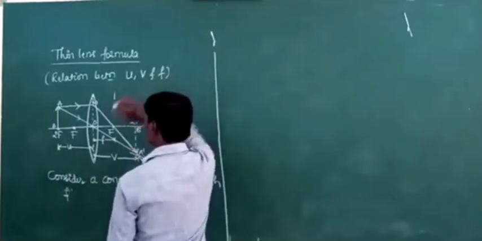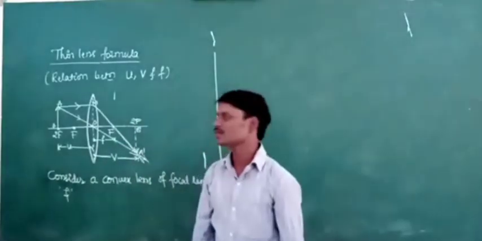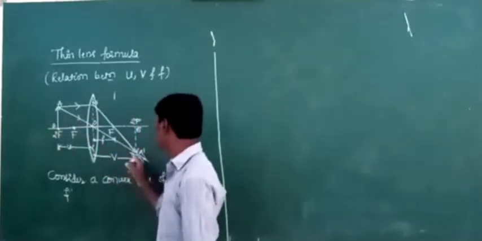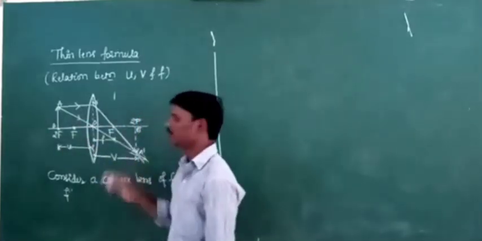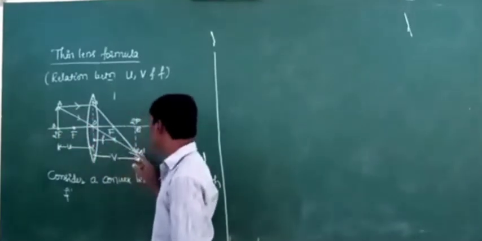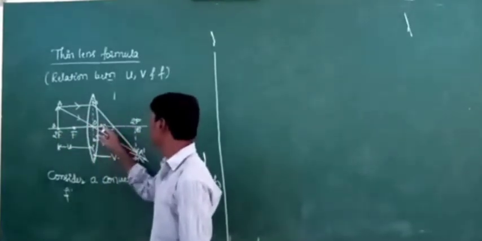Now we are going to consider similar triangles. What are those similar triangles? AOB and A'OB', because the angles subtended by AOB and A'OB' are the same here.